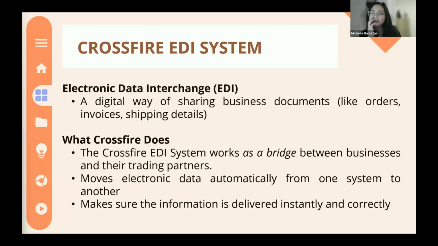Basically, I'll give an example. Say we have a big supermarket client, and when this supermarket client places an order with their partners, logistics or third-party logistics trading partners, Crossfire or Sandfield automatically sends that order straight into the partner's database.